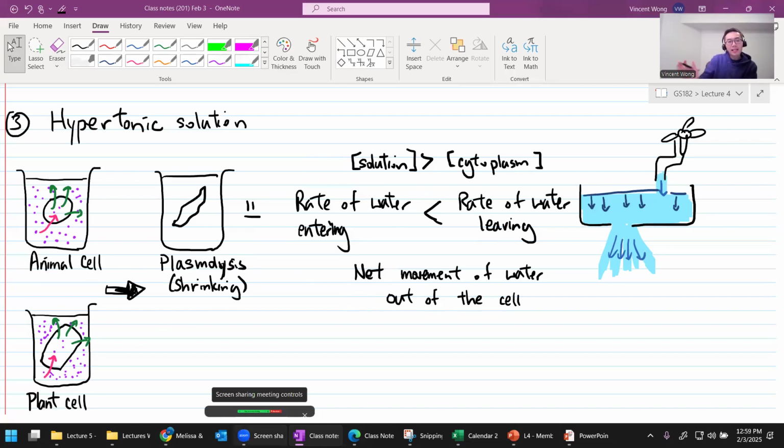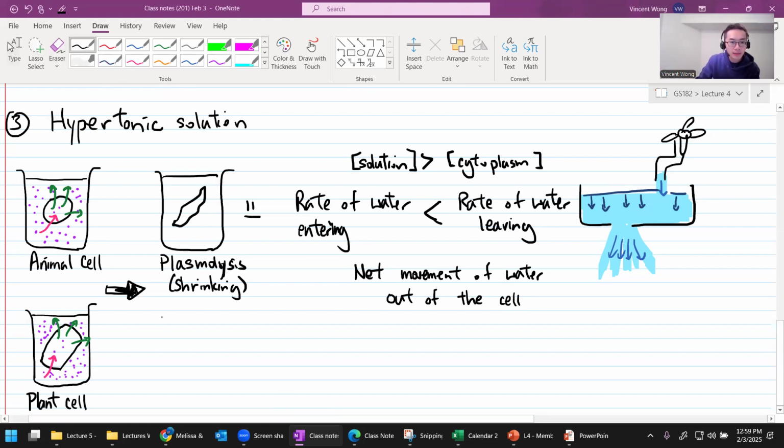Like it's not the best, but we will live. In fact, you have a part in the brain called the hypothalamus. We'll learn that next semester. The hypothalamus will shrink in response to dehydration, and as a result, it makes you feel thirsty. Okay. So this is plasmolysis.